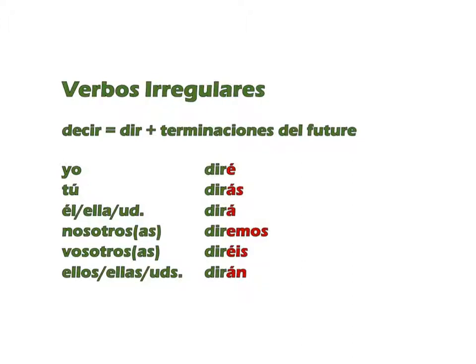Now, as always in Spanish, we have irregular verbs. Irregular verbs are verbs that when you conjugate them in the future, there is a change in the stem of the verb. In this case, we have decir. If we were going to follow the rule, we would say, oh, deciré, decirás.